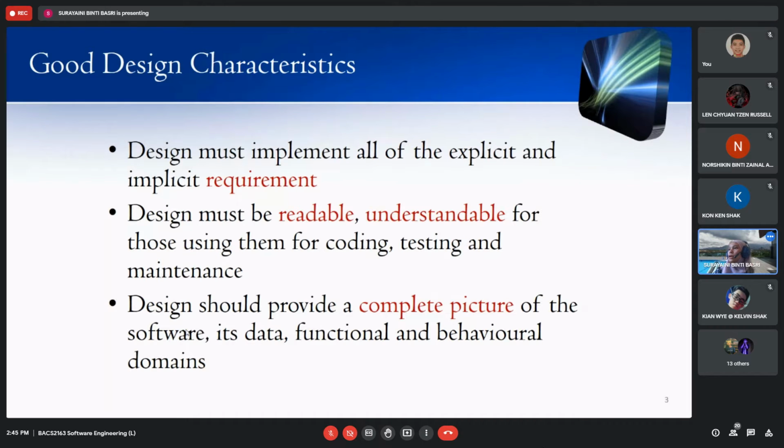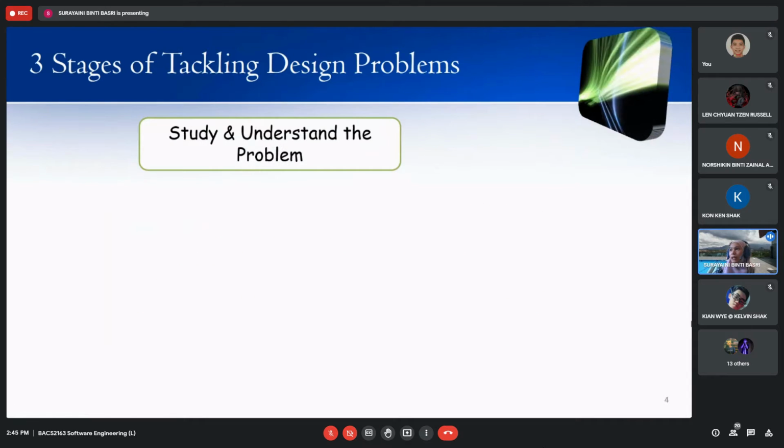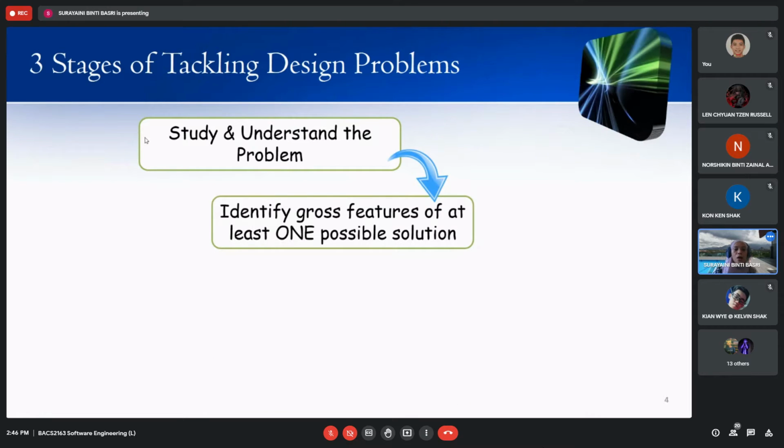These are the three stages of tackling a design problem. Remember, before you start the design, you have the SRS first. After you have the SRS, the first thing you need to do is study and understand it, because from the SRS you will understand the problem and the requirements from the user. After that, you need to identify the gross features of at least one possible solution.